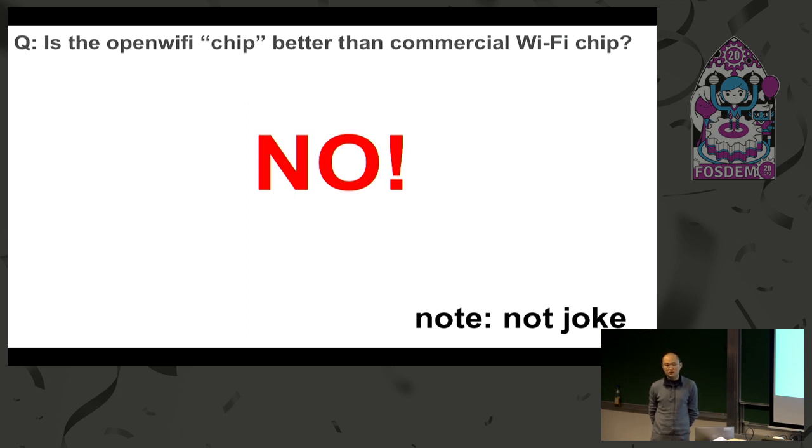The theoretical peak data rate of the physical layer. So it's a technology that maybe many years ago the industry has achieved, right? We rebuilt the Wi-Fi chip again by ourselves.